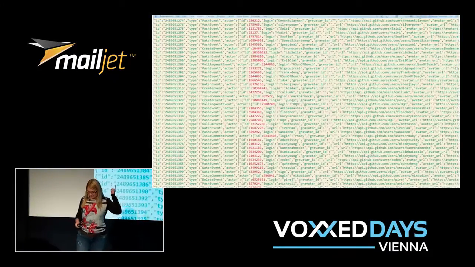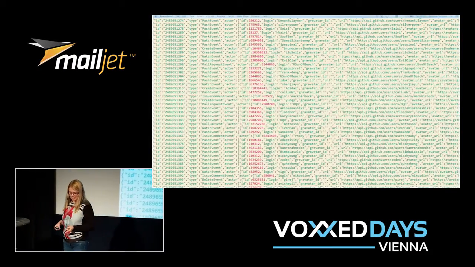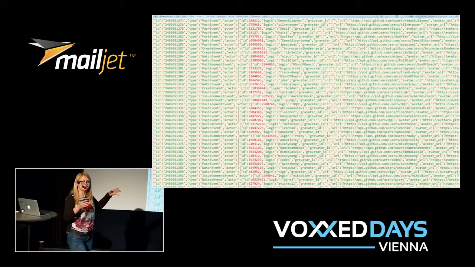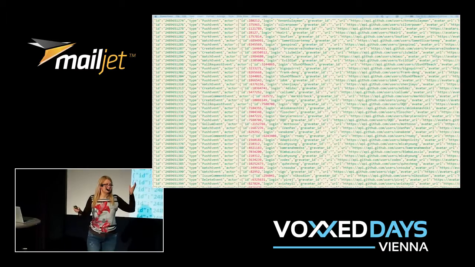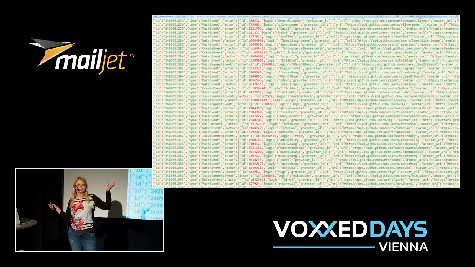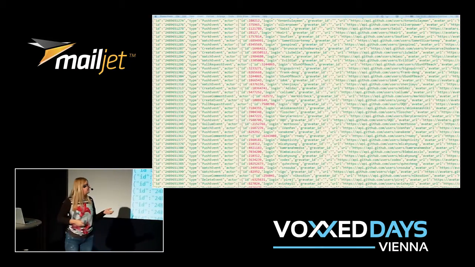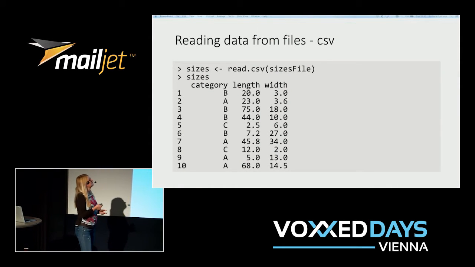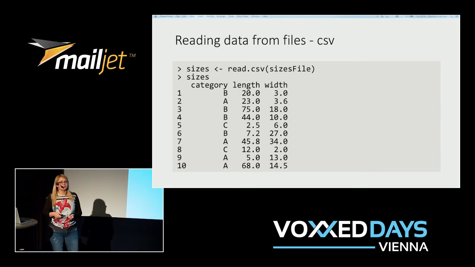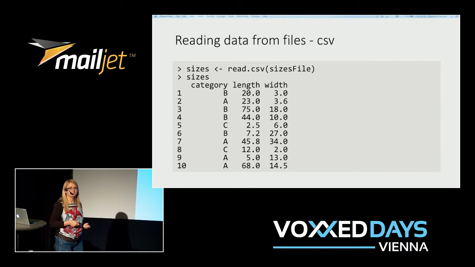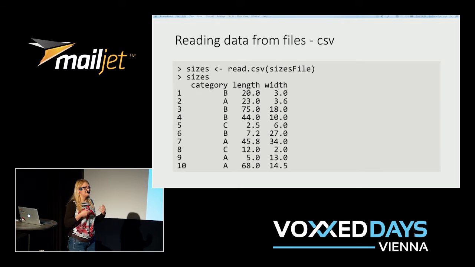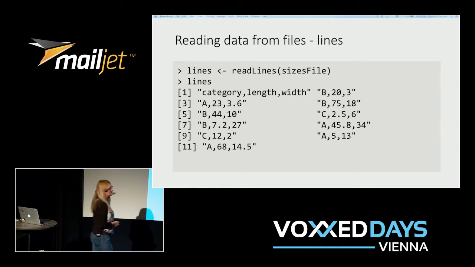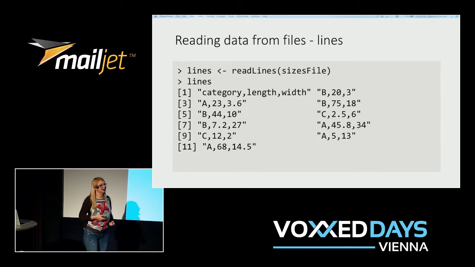So this is how the file looks. We want to read it, make some sense of it, and basically count the language distribution. So what we need to do is read our file. This is the simple function that allows you to read a file if you have a CSV file. But we don't have a CSV file. So there is another function called readLines.